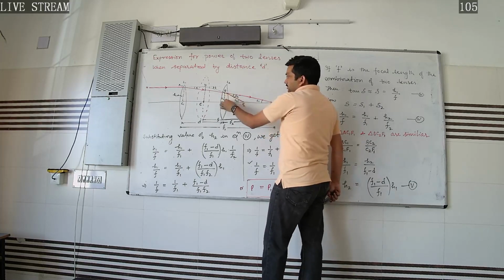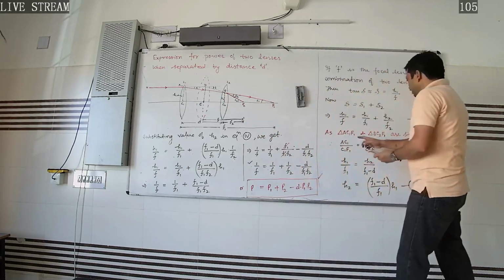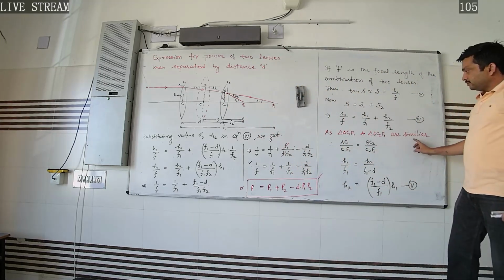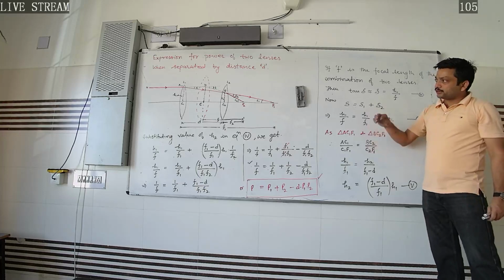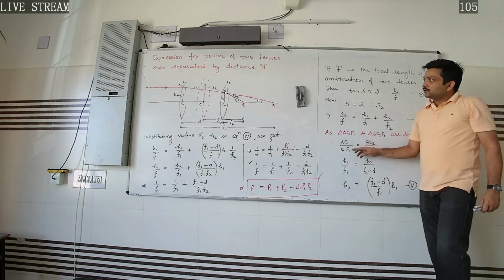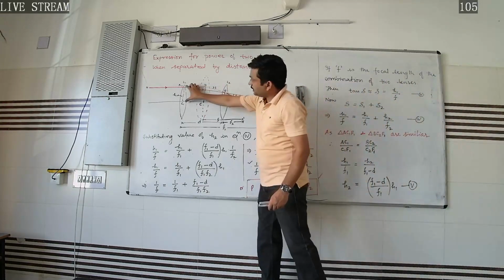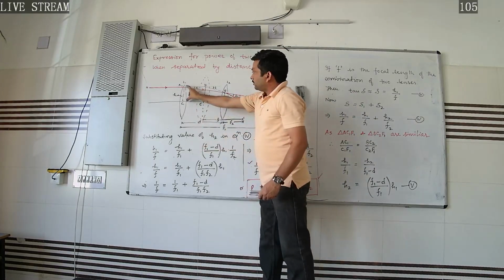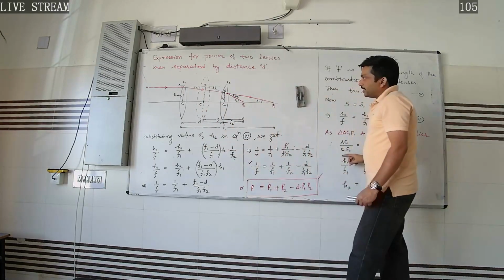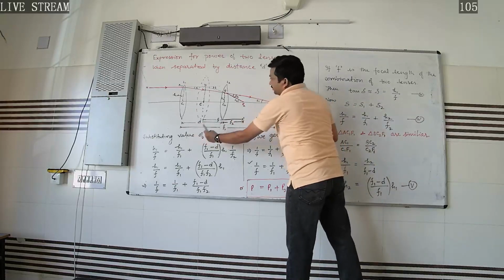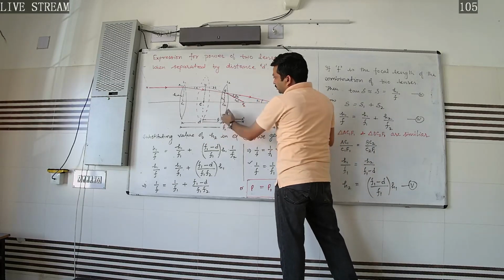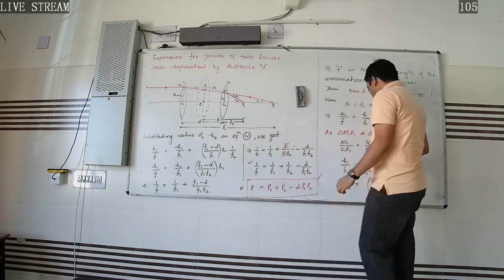Again I am saying BC2F1. Both the triangles are similar, so the ratio of their sides must be equal. So the ratio of sides, AC1 divided by C1F1 must be equal to BC2 divided by C2F1.